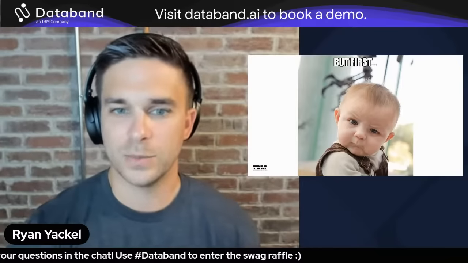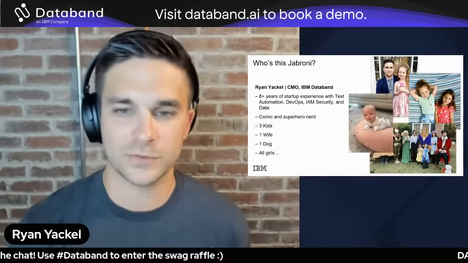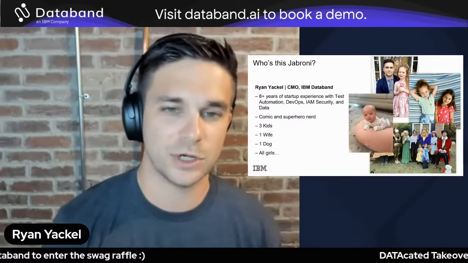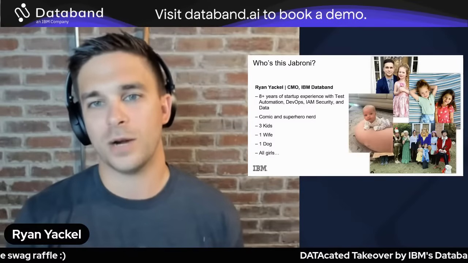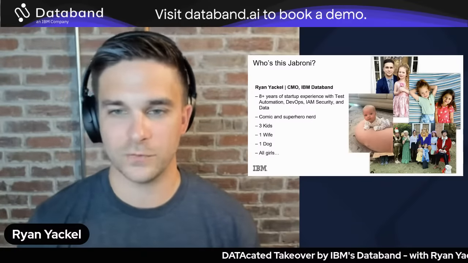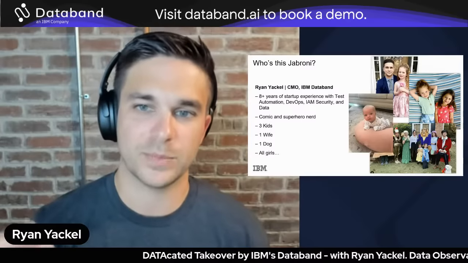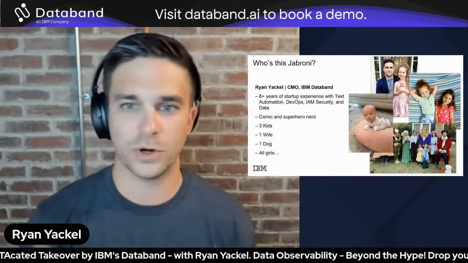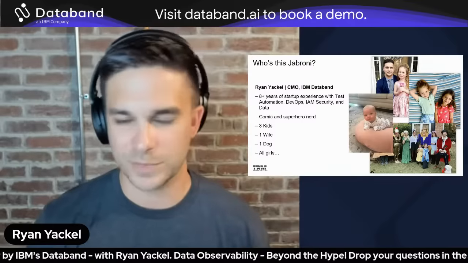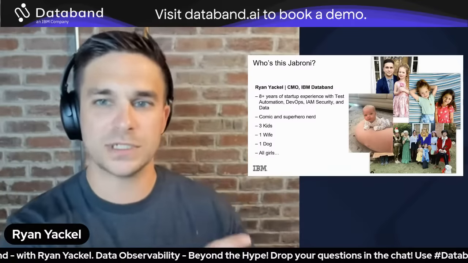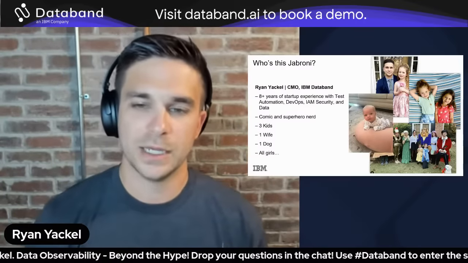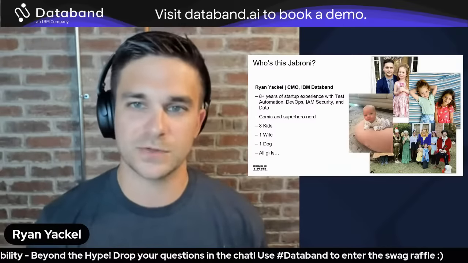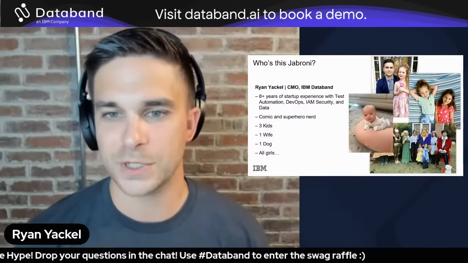But first, really quick background on myself. I'm Ryan. I'm CMO of IBM Databand. We were acquired by IBM back in July, part of their big push around modernizing the modern data architecture for enterprise clients, and also small and medium-sized companies dipping their toes into this thing called the modern data stack. I've had a lot of experience in startups for the past few years. Working at IBM has been great.